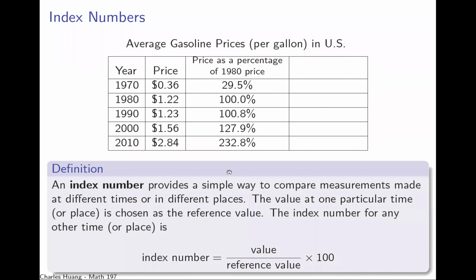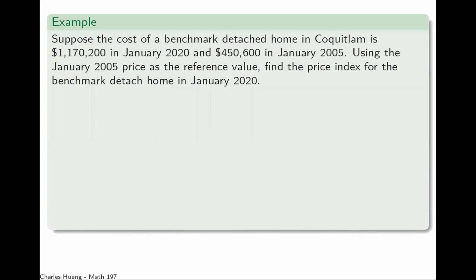When I do the index number, all we're saying is that instead of 100%, we call this 100. All the other numbers are exactly the same as percentages, but without the percentage sign, and we call these numbers index numbers. Index numbers are useful when we compare values that can be widely different.